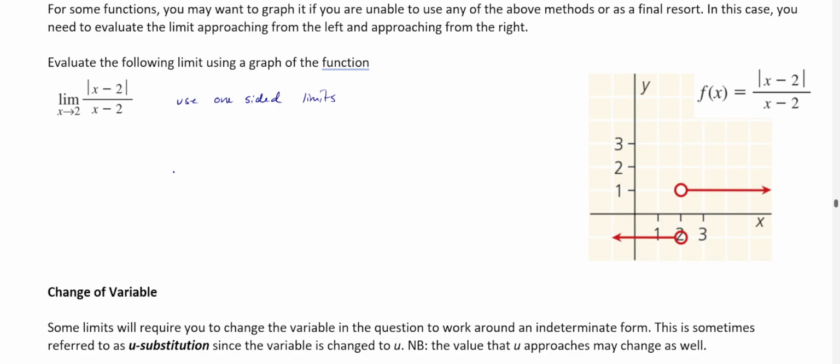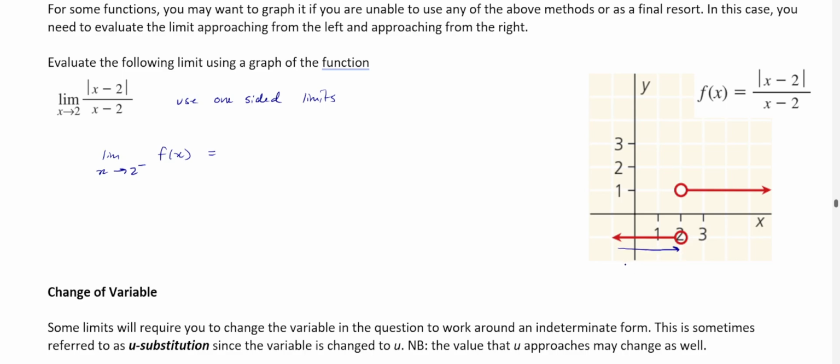Okay, and I will say the limit as x approaches 2 from the negative side of f at x, being this function right here. Okay, and let's look at my graph. So approaching from the negative side, right here.